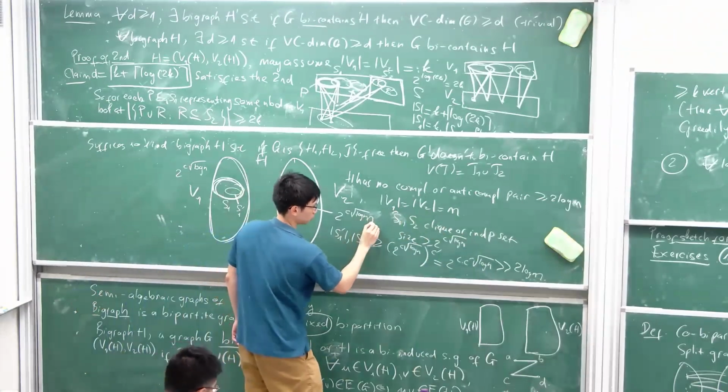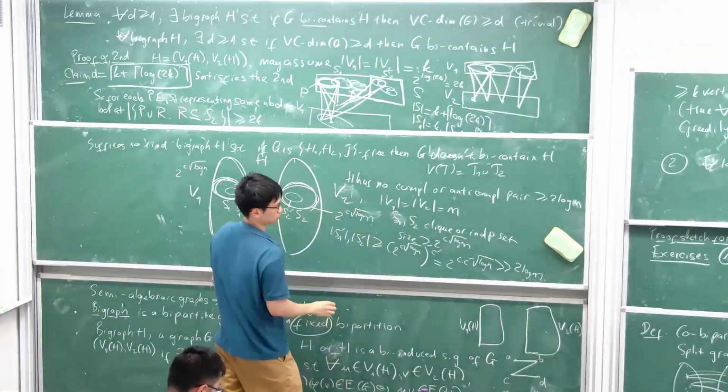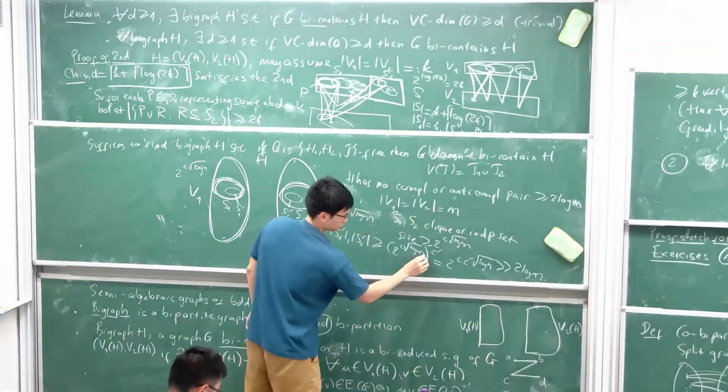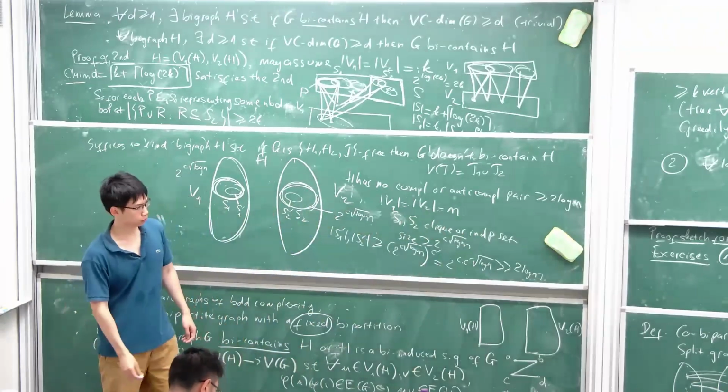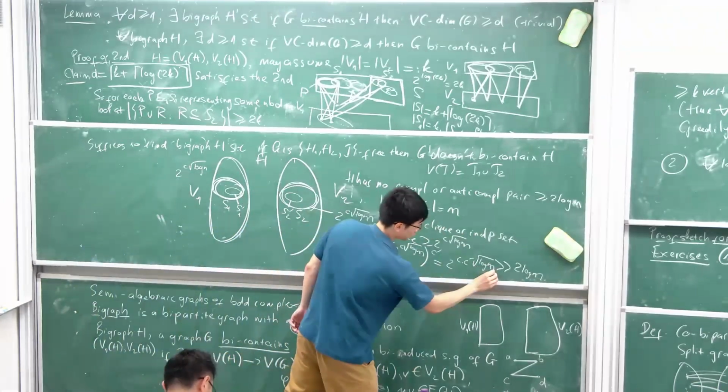If you just use Ramsey's theorem and the simpler thing, then you still get the second lemma, but with the poor power.